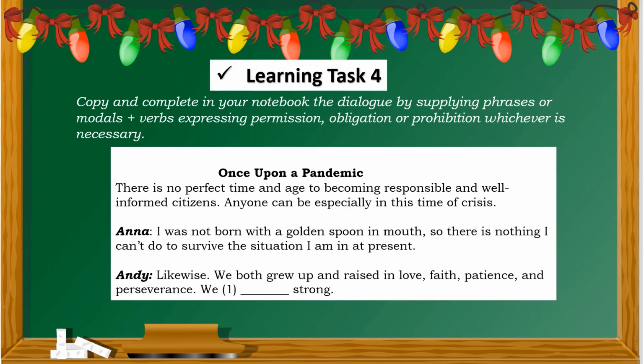So this is the activity on your worksheet or your module, which is entitled Once Upon a Pandemic. And you're going to fill out or complete the dialogue by the necessary modals. So let me do the first one for you. For the first blank, the answer is have to be. We have to be strong.